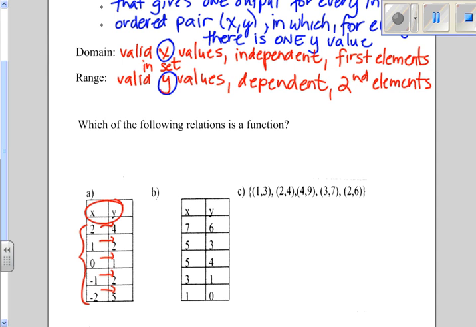The second one is not a function because when x is 5, your answer could be 3 or your answer could be 4. That is not a function. C is not a function either because when x is 2, y could be 4 or y could be 6. That is not a function.